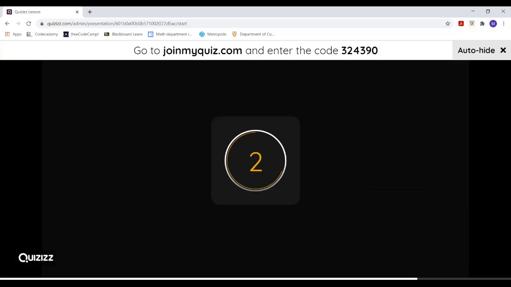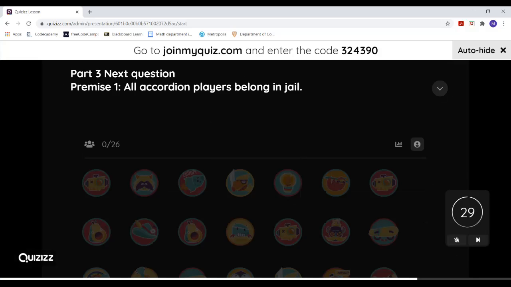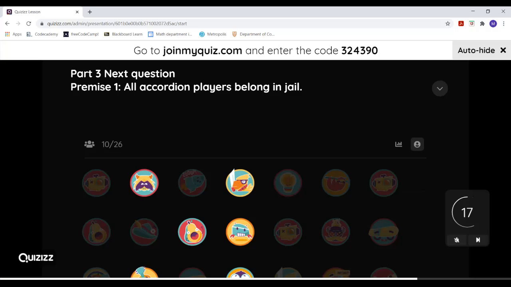All right, so a few more if-thens. So all accordion players belong in jail. So that is an if-then statement. We've had this structure before. So hopefully this looks familiar.